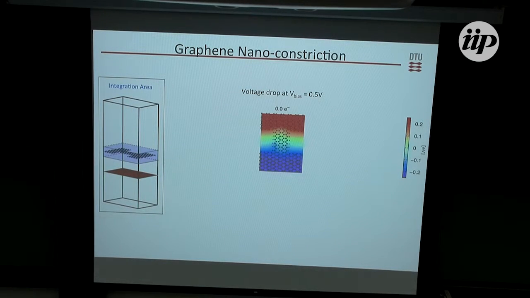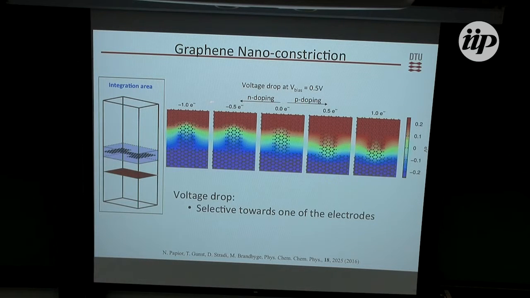So you can think of this, in a simple way, as the acceleration of the electrons. So where the electrons are accelerated, that's where you have the big potential drop. And at 0.5 volts and 0 doping, it's kind of symmetric.